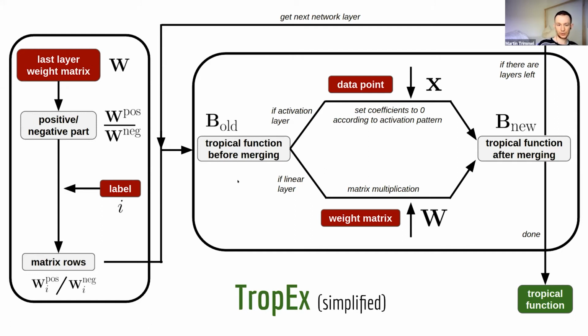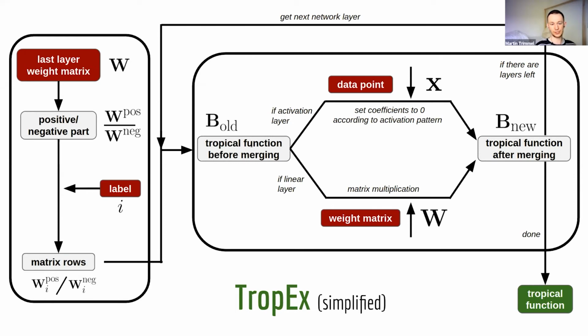The output, which you can see in the lower right corner, is the extracted tropical function. TropX starts with the last network layer here on the left. The weight matrix is split into its positive and negative part. The label of a data point determines which matrix row to extract from the positive and negative part to form the first tropical function.